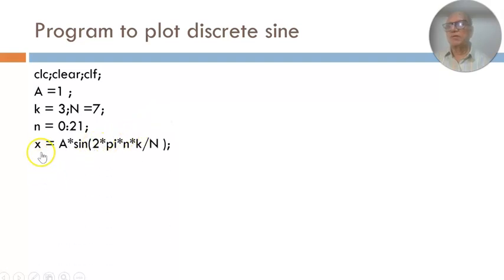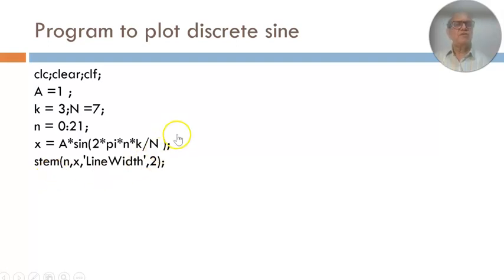Alright, so now you generate your signal. This is again a vector, because remember, n is a one-dimensional array or a vector. So for each value of n, there will be a value of x generated, and the number of samples in x, of course, will be equal to the number of values in n. Then you can plot it. Now you make a stem plot.